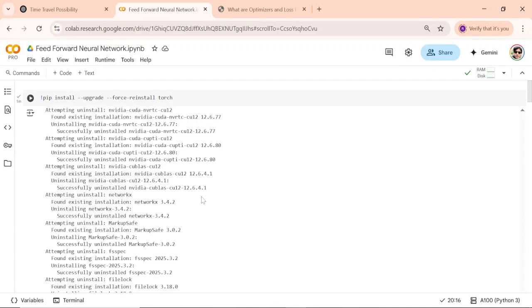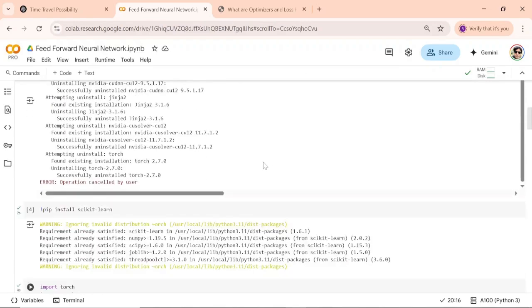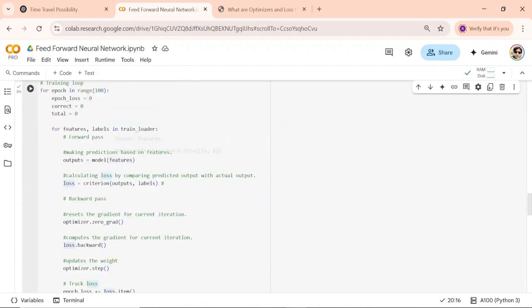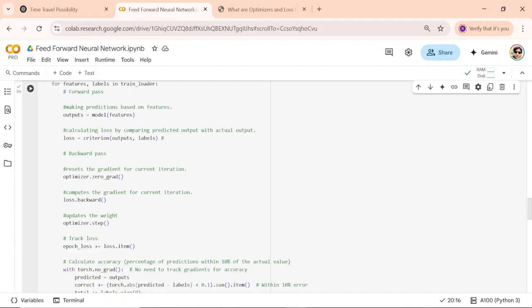The third thing is training of the model. I had explained the training loop and the steps during the training of the model. The training dataset needs to be put in the data loader, a class provided in PyTorch, so it is suitable for the training loop. And what happens in training?